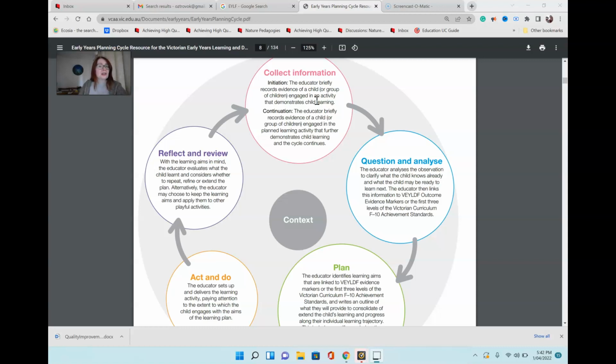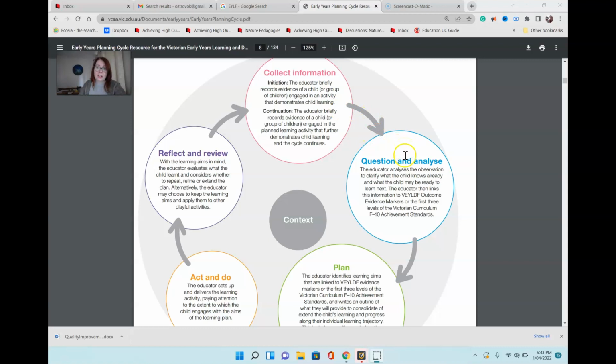Usually for Certificate 3, they have to observe at least 3 children of different ages. And when you are moving towards diploma and start to work as a diploma student, you are observing groups of children. So this collection stage is very, very important. The educator records evidence of the child engaging in activities, about the child's learning, or any important information that is relevant for future planning.